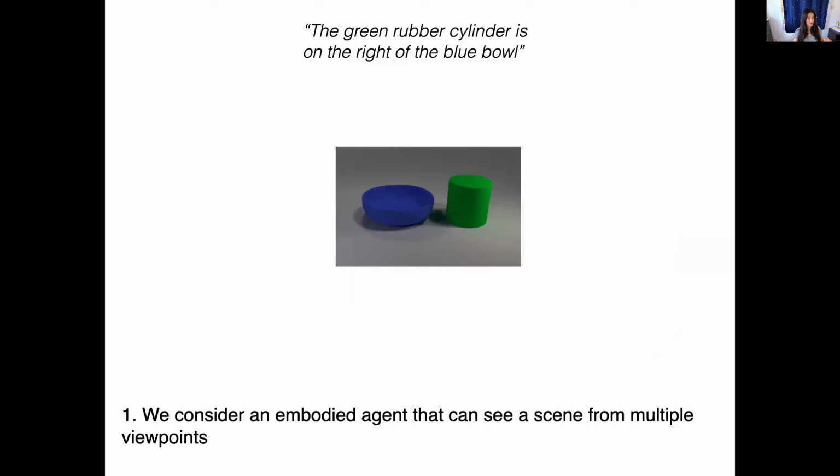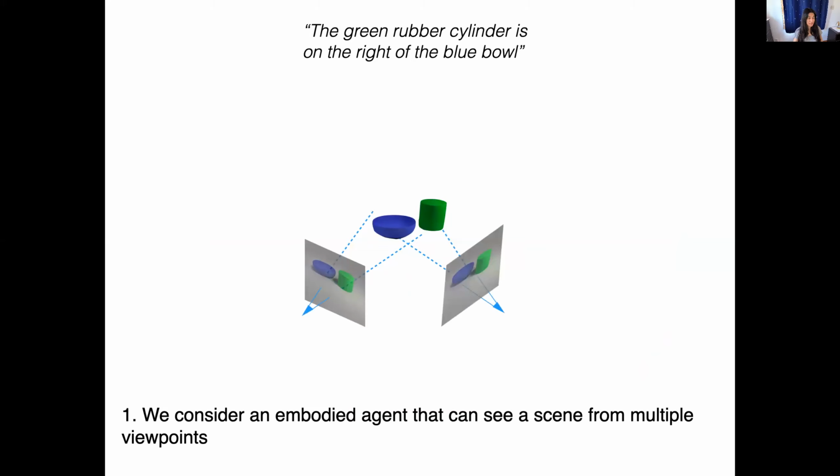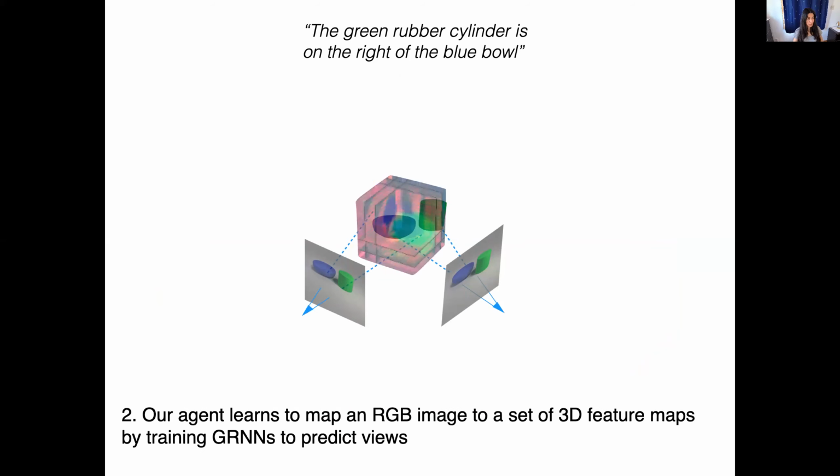We said that instead of associating 2D images with utterances, we'll instead associate scenes with utterances. And when I have a scene, I can view it from different viewpoints. So what I can do is train GRNs, networks that map a single image to the corresponding 3D feature map.